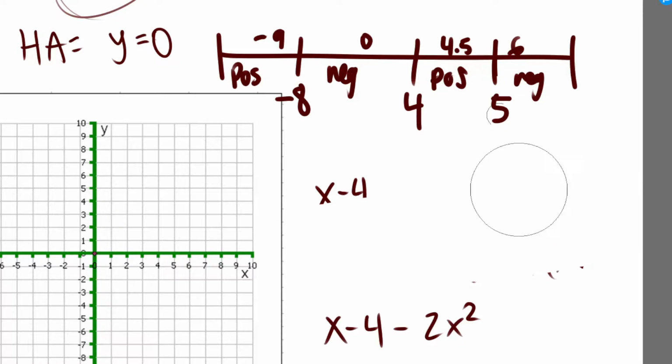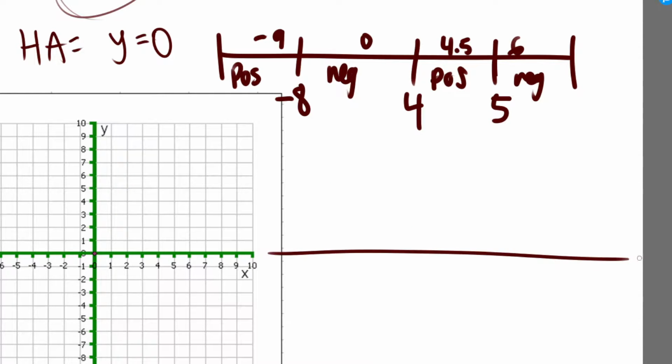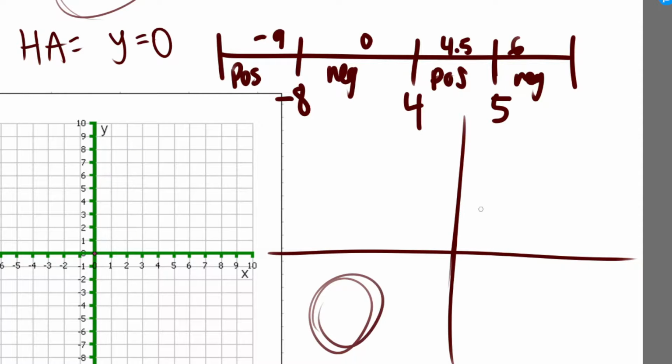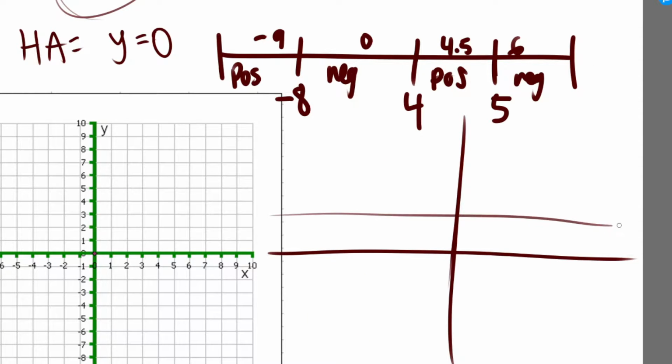And the reason why we do that is because if the horizontal asymptote is 0, if it's a negative number, then we know it's going to be below 0 on our y. If it's a positive number, it's going to be above 0. But if you have a horizontal asymptote at like +2, what if it's like right here?